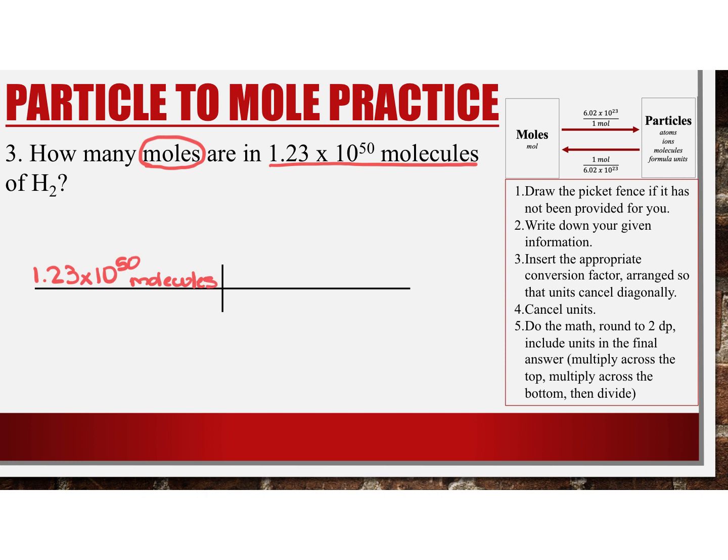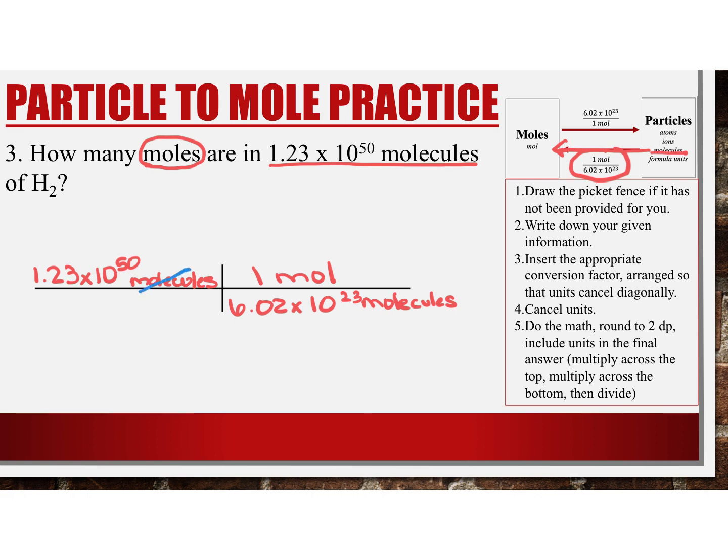We're starting here, and we want moles, so we're going to use this factor. The 1 mole is on the top. The 6.02 times 10 to the 23rd molecules is on bottom. Don't forget the molecules.